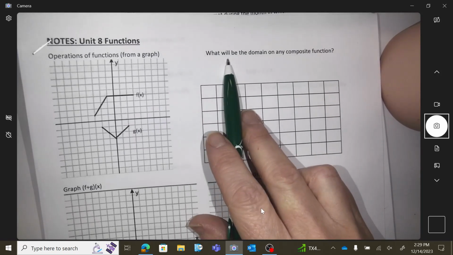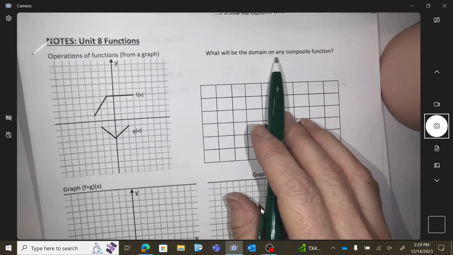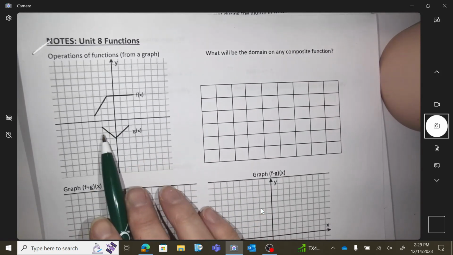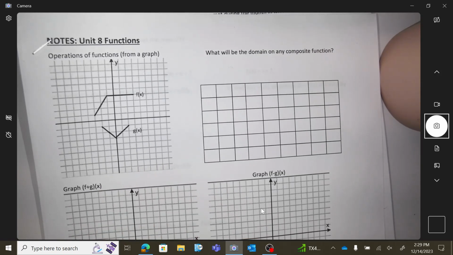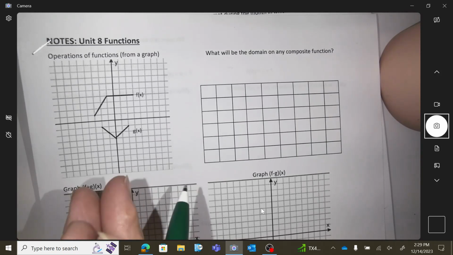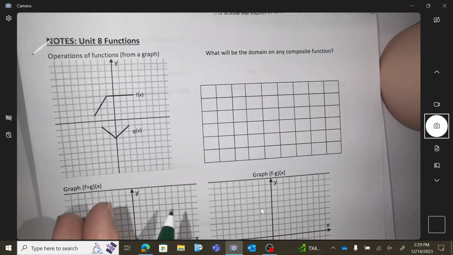So the first thing I'm going to ask is, where can the domain be if I'm going to talk about both of these functions working? So what is the domain where they both exist? They both have to exist in this place.